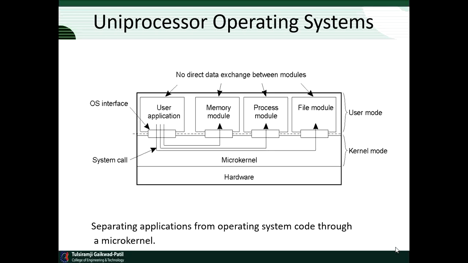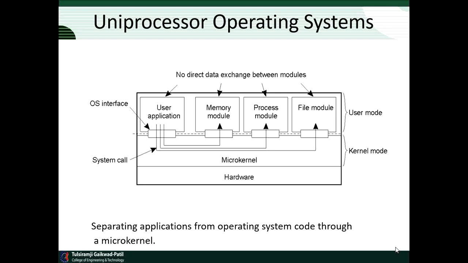So first of all the user application will connect through the memory module, process module, and file module. Then the user application will connect to the microkernel, and the user applications have the system call OS interface, and it is in the user mode.